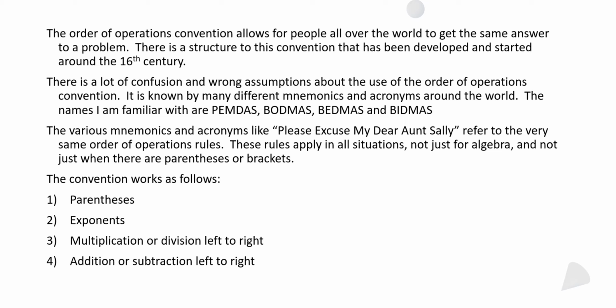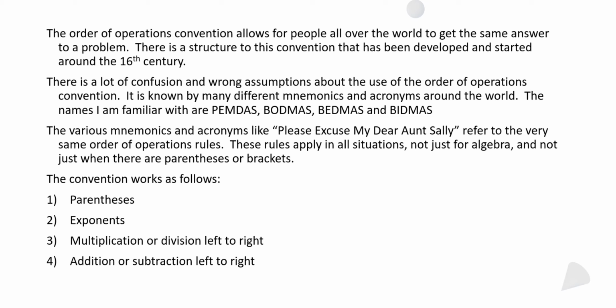Multiplication and division have equal precedence, so one doesn't come before the other. You're just looking left to right and solving them. And then number 4 is you look for addition or subtraction left to right, and you solve those. It doesn't really matter which order you solve addition or subtraction, but you basically just go left to right.